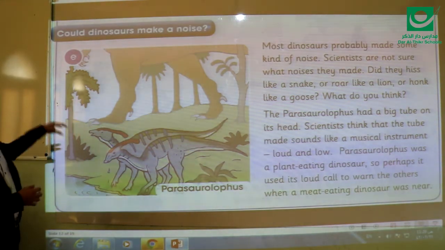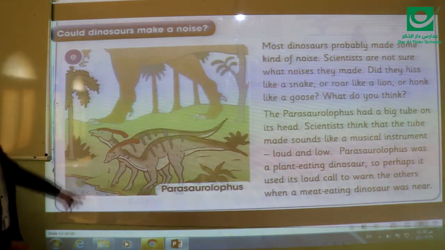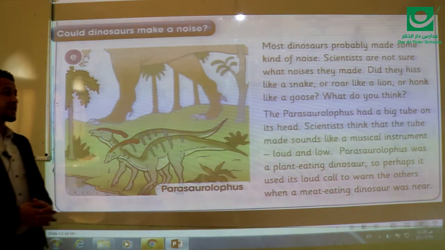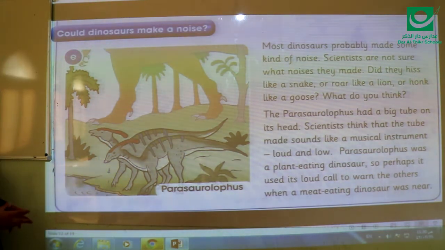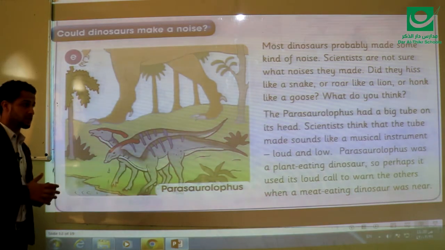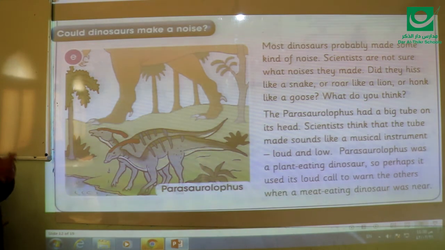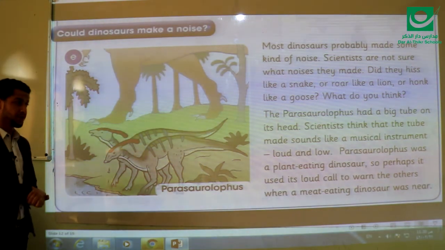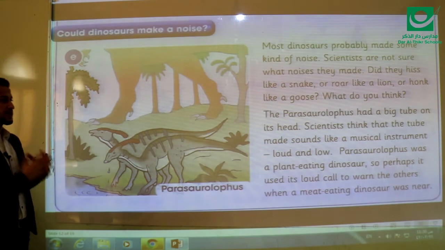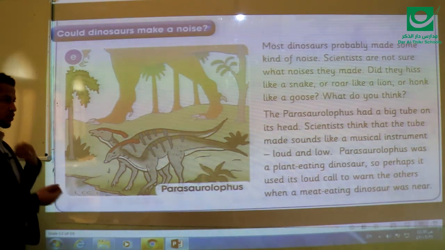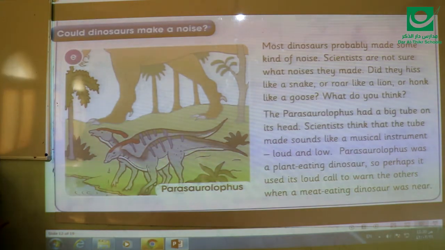The Parasaurolophus had a big tube on its head, as you see. Scientists think that the tube made sounds like a musical instrument, loud or low. Parasaurolophus was a plant-eating dinosaur, so perhaps it used its loud call to warn the others when a meat-eating dinosaur was near. Okay, so it used these sounds to tell the others, run away.